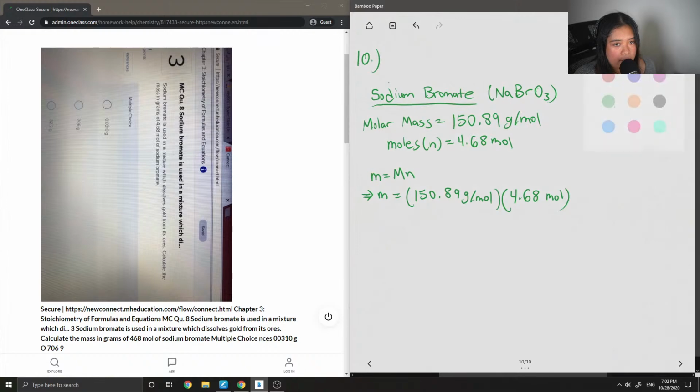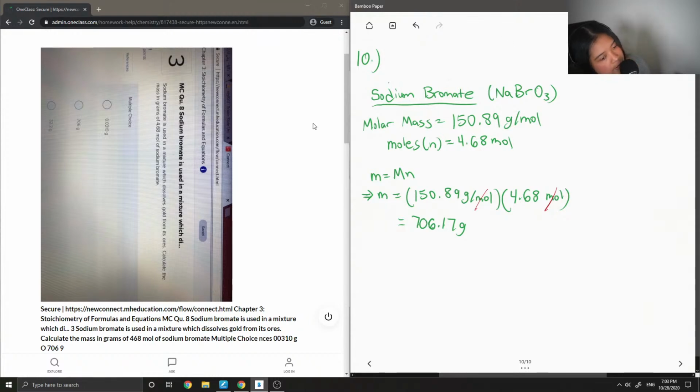And if you always get confused about which one's on top, is it the little m or the big M, or which one do you divide by, you'll notice that all your units should cancel out nicely. If you're looking for grams, then all the moles should cancel each other out. And then we're left with a value of 706.17 grams. So it is option number 2 in the question.